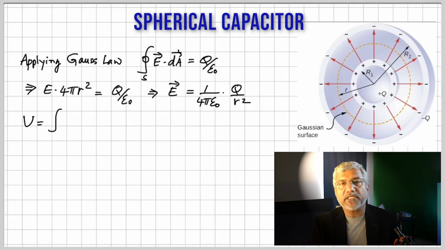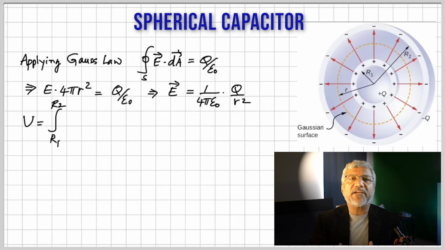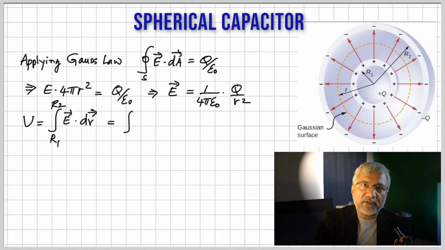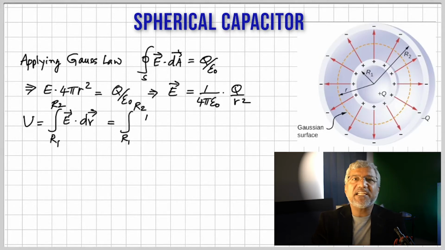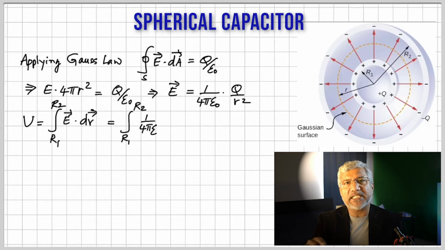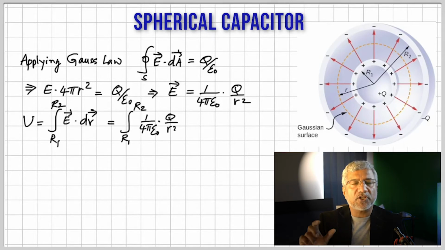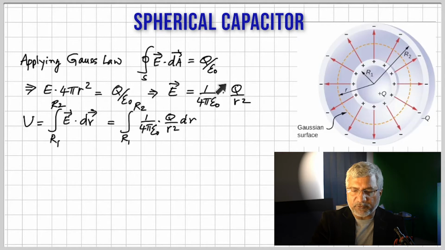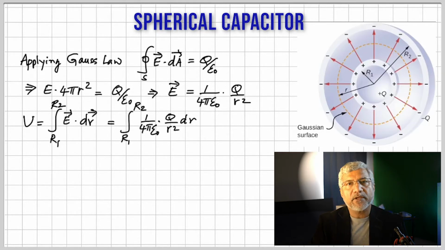Now, continuing, we know that the definition of voltage is the integral from R1 to R2 of E dot dr. We know voltage is the integral of the dot product of E and dr. But E is 1 by 4 pi epsilon naught Q by r squared, which I have substituted. So we got to finish the integration.